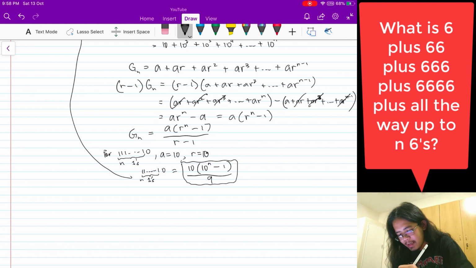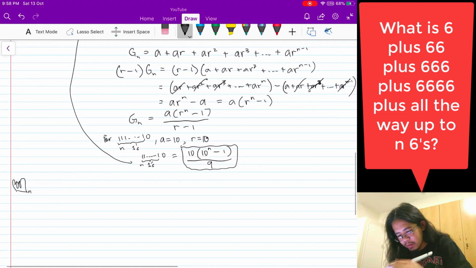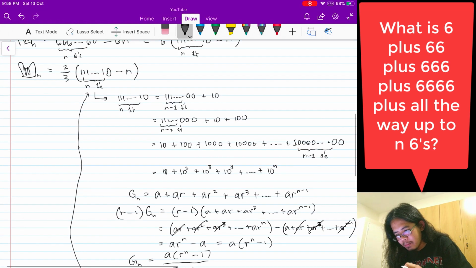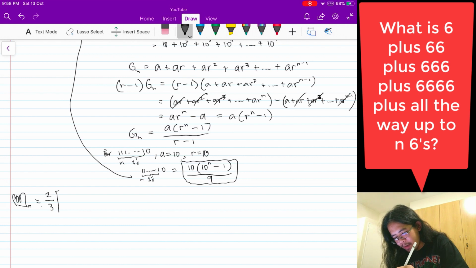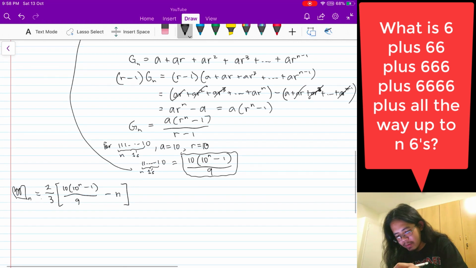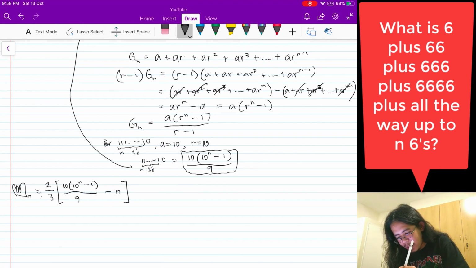So let's rewrite the metal sum here. The metal sum is now equal to 2 over 3 multiplied by the 1, 1, 1, 1, which we know is now 10 times (10 to the n minus 1) over 9, minus n. Okay, so we can factor out 9.